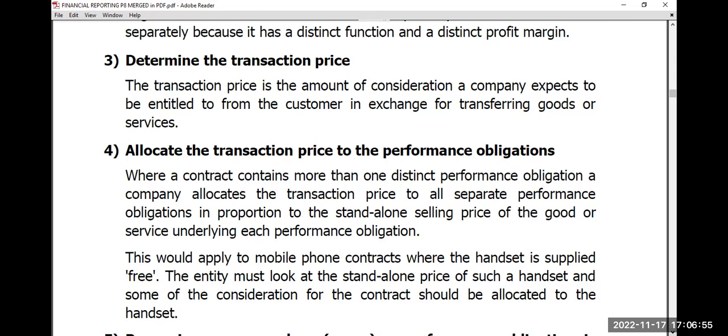Because we said that even if you receive some of the items for free, so long as those items can result in a performance obligation, we are supposed to allocate a price to them.